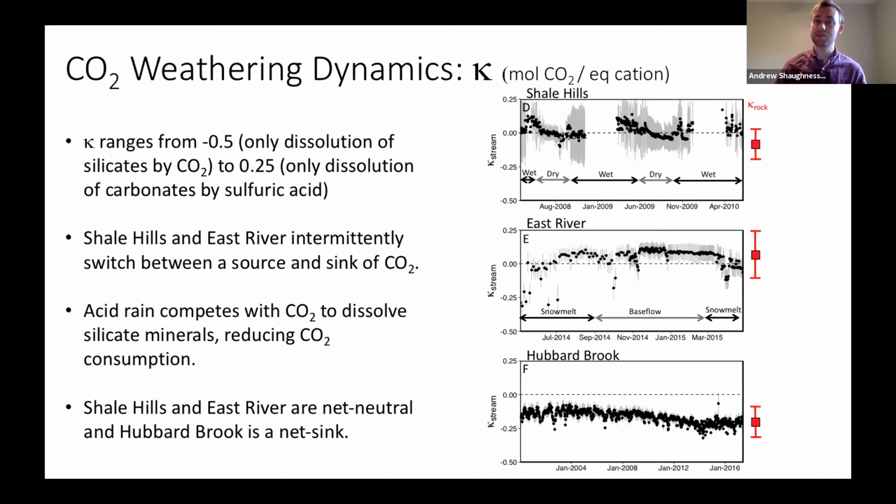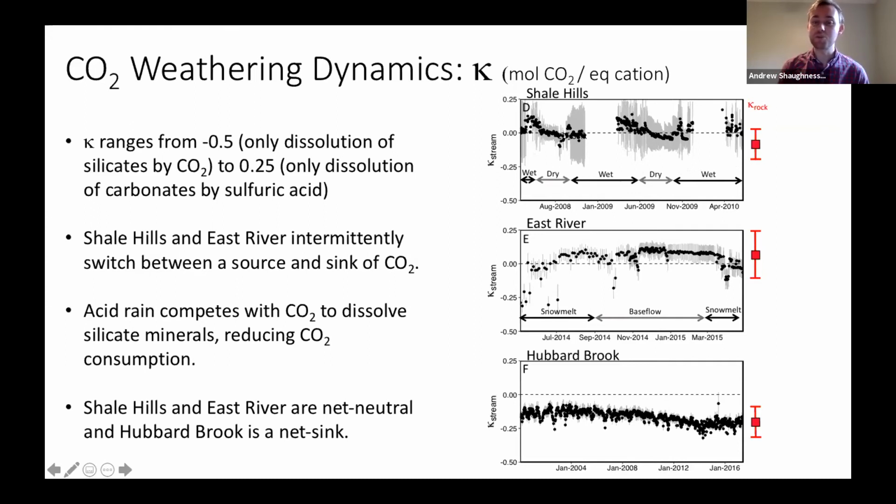However, at Shale Hills, it's almost the reverse: during the wet season, the system is a source of CO2, and during the dry season, it becomes a sink. And then at Hubbard Brook, because there are essentially no carbonate minerals, we find that Hubbard Brook is always a sink for CO2.